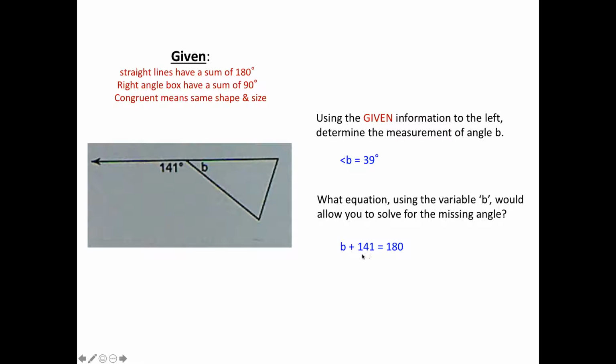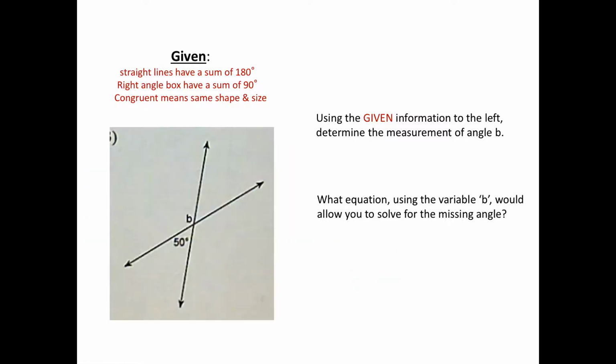Then to solve, I subtract 141 using the subtraction property of equality, and I get B equals 39. Again, they match up. The equation in this case is probably not necessary, but it's good practice for when we move into more challenging shapes.